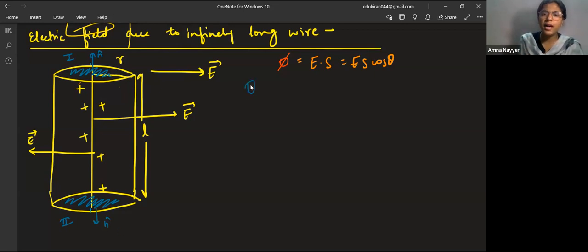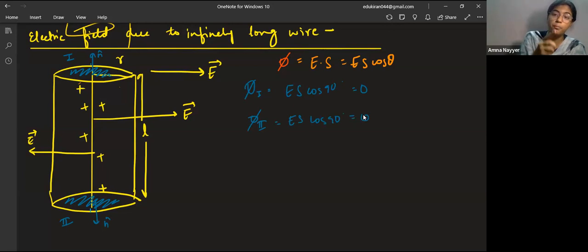So phi 1 will be ES cos 90 degrees, which is 0. Phi 2 will be ES cos 90 degrees, which is 0. Wherever you're not understanding, please stop me, because this is a derivation. Once the derivation is done, only formulas are discussed.